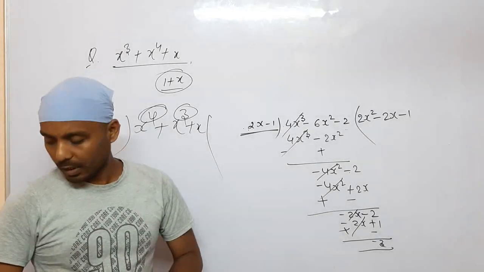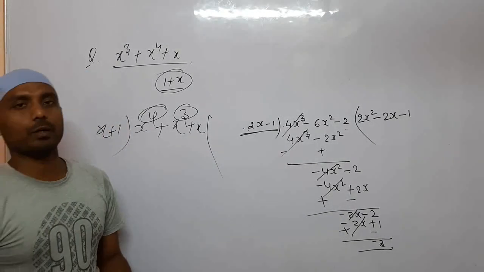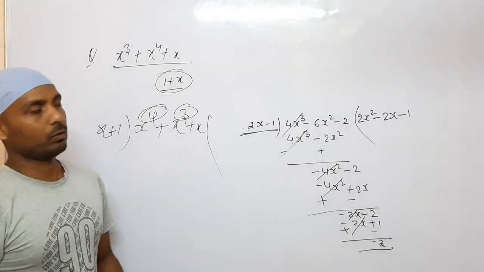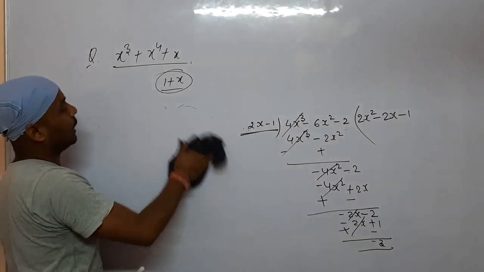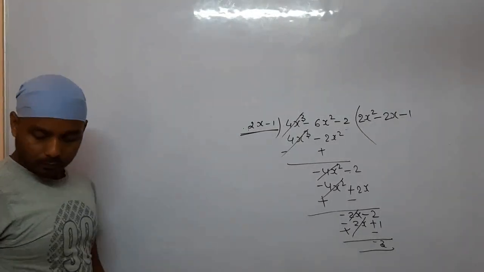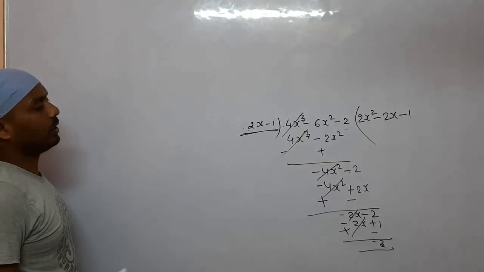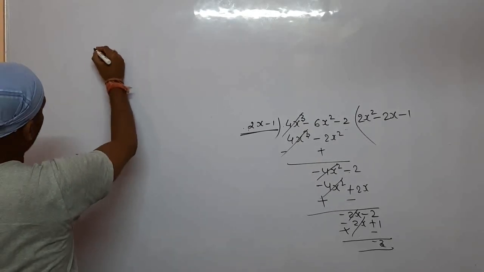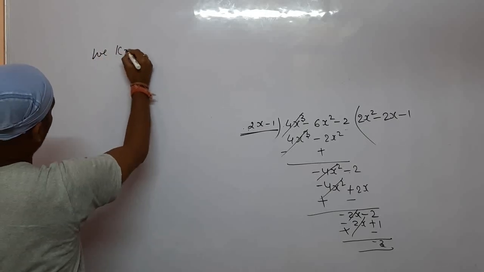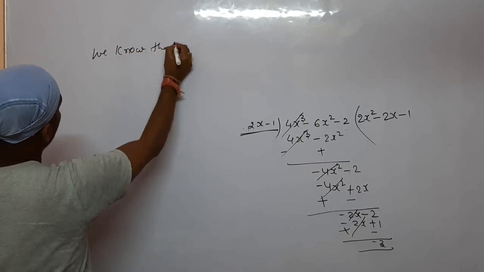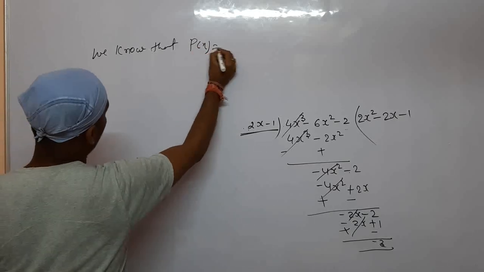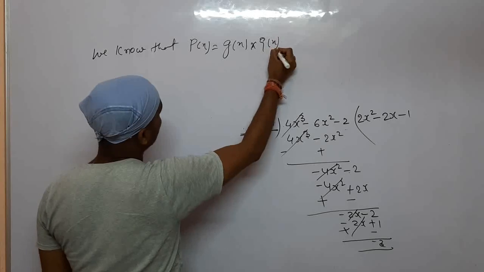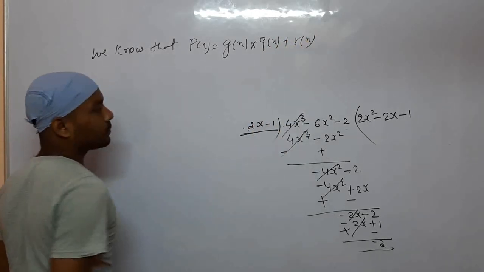Okay? Now, in some of the contents of your book, it may say verify your division algorithm. So for the verification of the division algorithm, we know that Px equals Gx into Qx plus Rx. Okay?